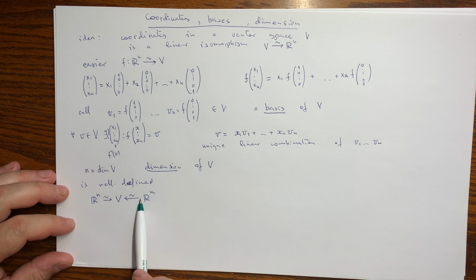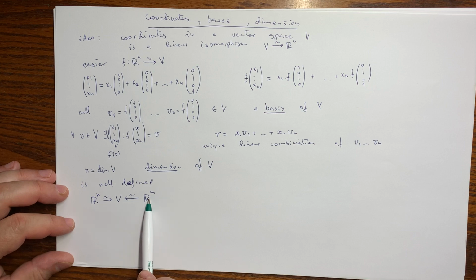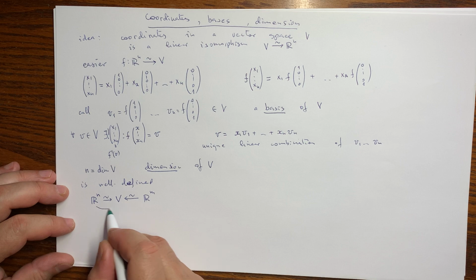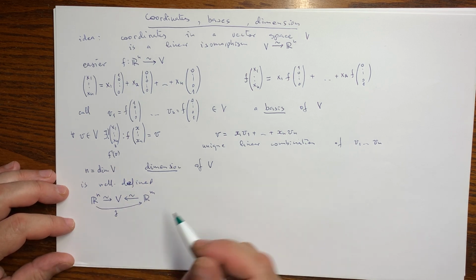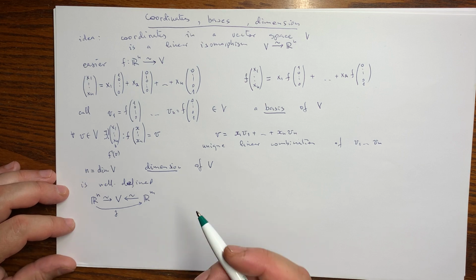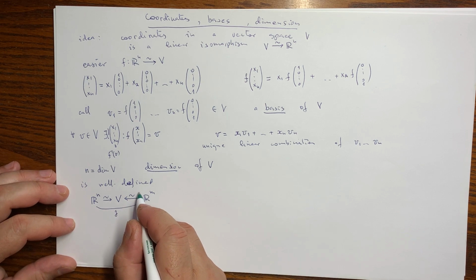Then we have two maps really. We have a map from Rn into V, and then we have the inverse to that isomorphism from V into Rm. So let's look at this map. This map will have to be given by matrix multiplication, but we also have its inverse.